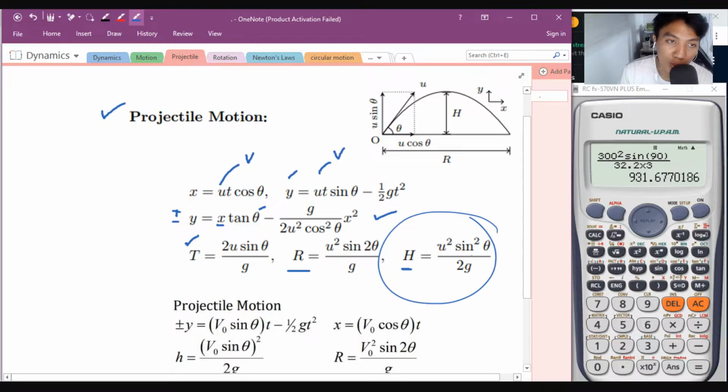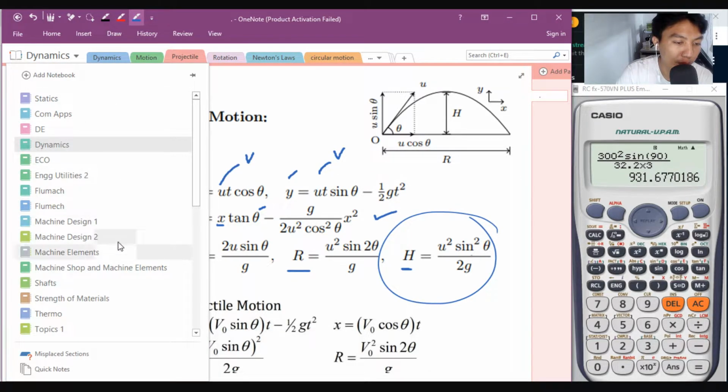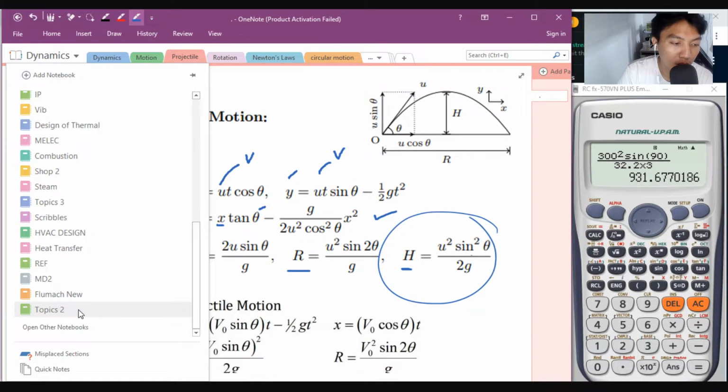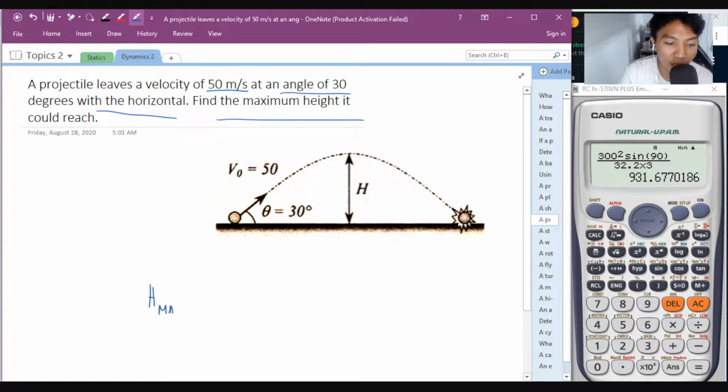So, the maximum height, where your V0y is at maximum and your V0x is at minimum, is equal to V0 squared sine squared theta over 2g.